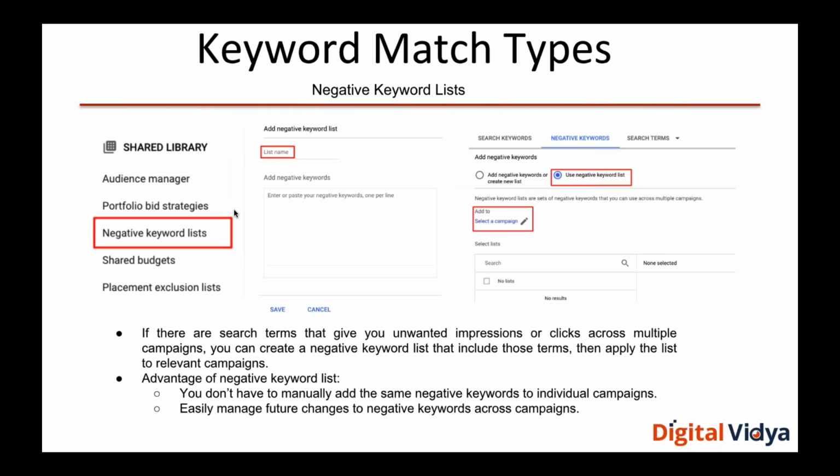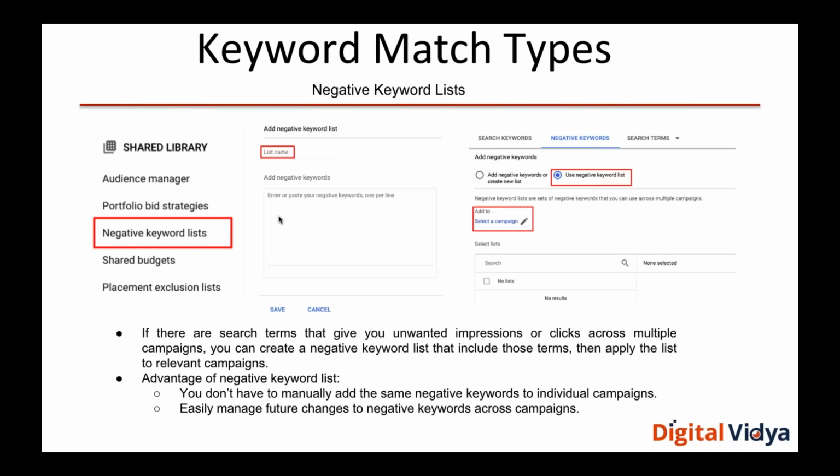So if you're going for the negative keyword list option, you need to click on the tool icon, go to the shared library, click on the negative keyword list and give a name to the list. So if I want to create a negative keyword list for yoga related stuff, I will name it as yoga negative keywords, or yoga class negative keywords. And then start adding the negative keywords one per line, like free, videos, whatever I think is not relevant for my service.